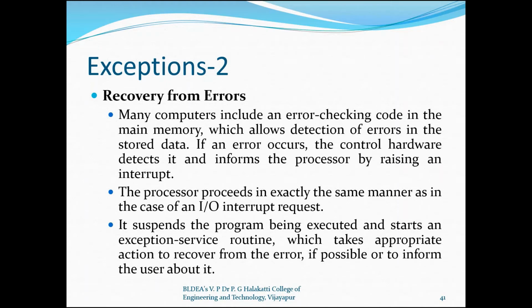Now, a program may be interrupted if the processor detects an error or an unusual condition while executing an instruction of this program. For example, the opcode field of an instruction may not correspond to a legal instruction, or an arithmetic instruction may attempt to divide by 0.